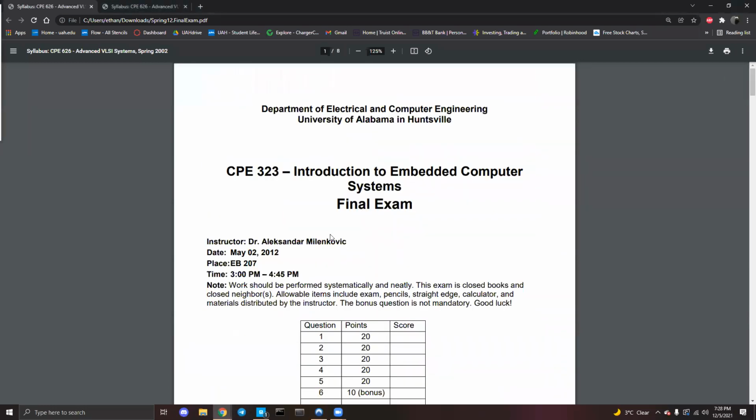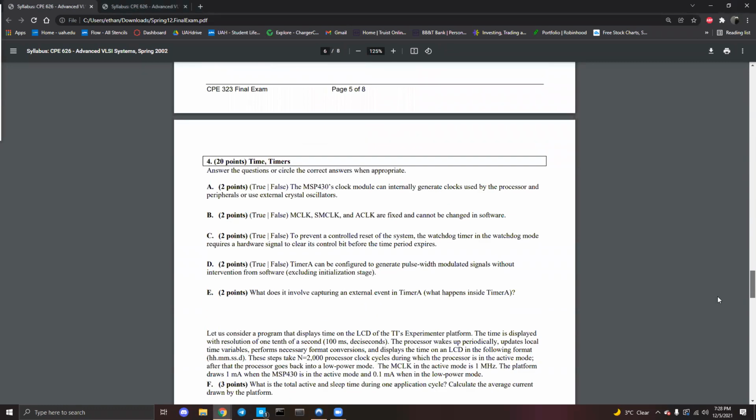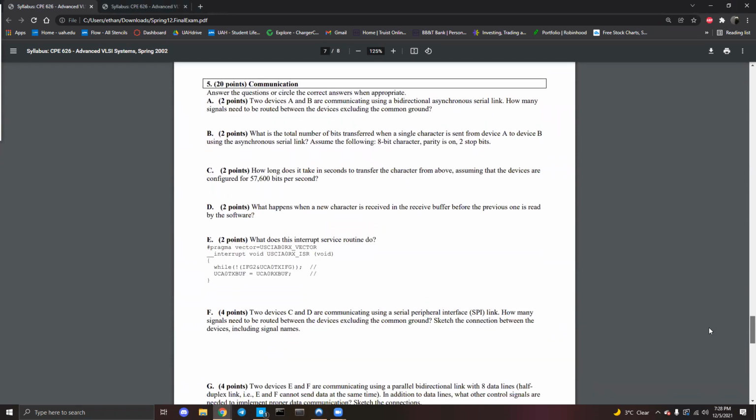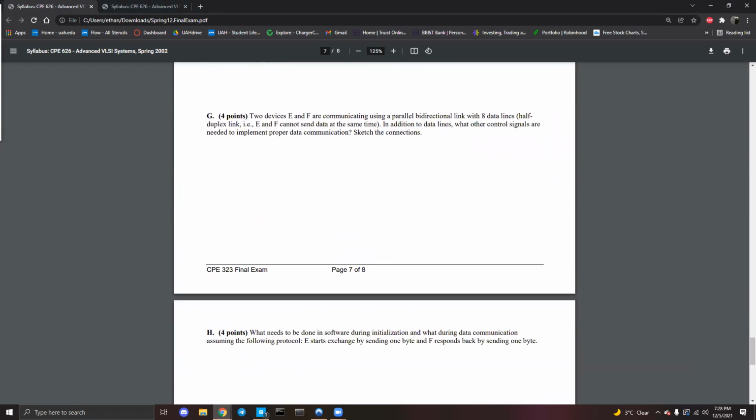Yeah, what did he draw? He said there's a ready and then an acknowledge. He basically just says 8 data lines, and then handshaking signals, 4 in total. It kind of makes sense, because it's a little bit like UART in that you have to have a start and stop.